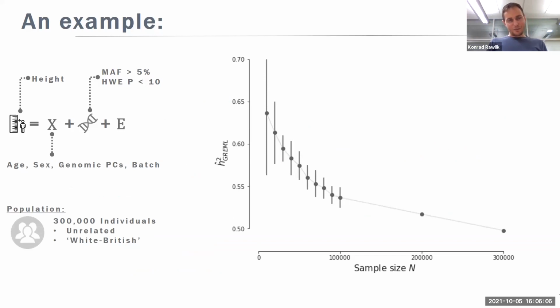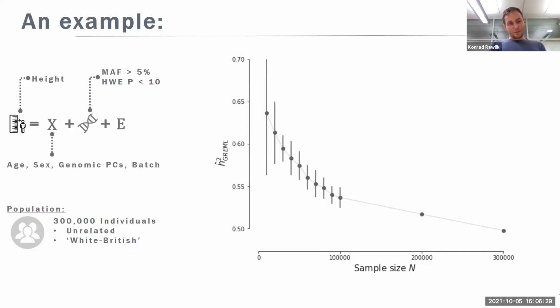And I'm not going to do anything weird. I'm going to set up the analysis in the most standard way you could. So I'm just going to use common SNPs. I'm going to filter for Hardy-Weinberg equilibrium. I'm going to include the standard covariates. I'm going to remove related individuals, and I'm going to use a population which is quite homogeneous, which is individuals of white British descent.